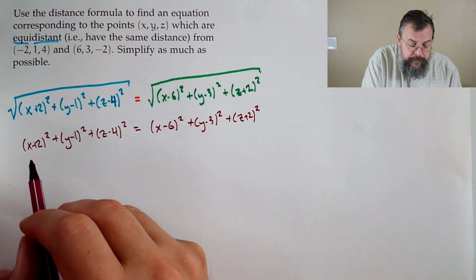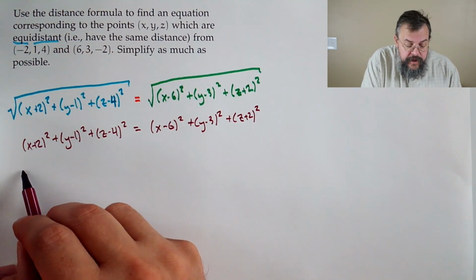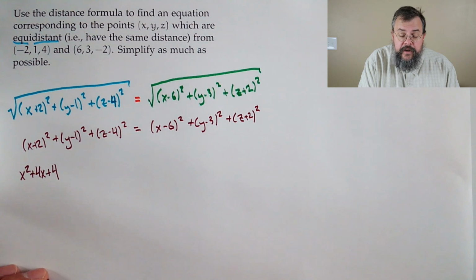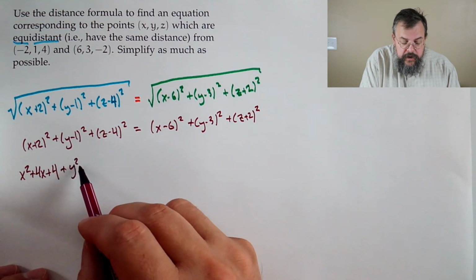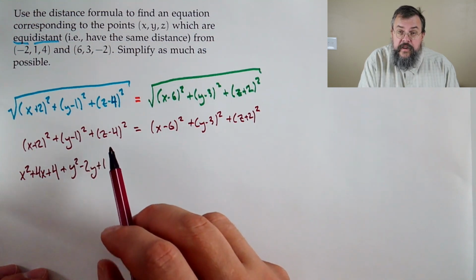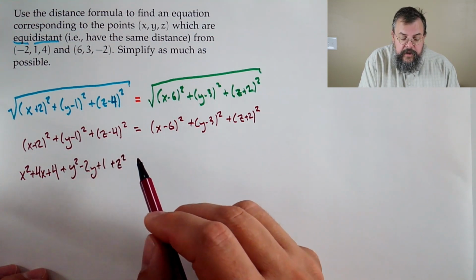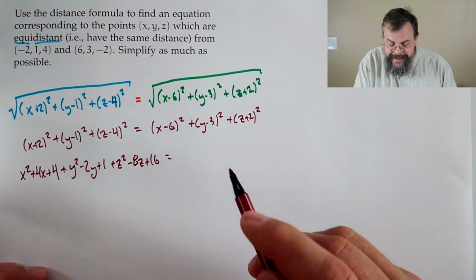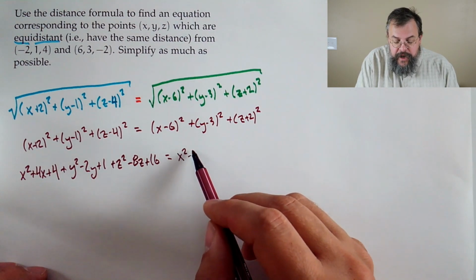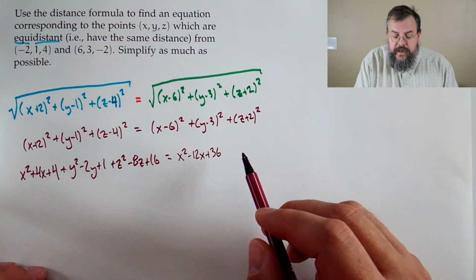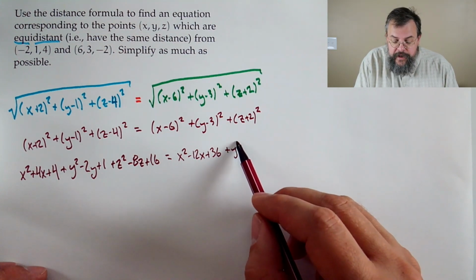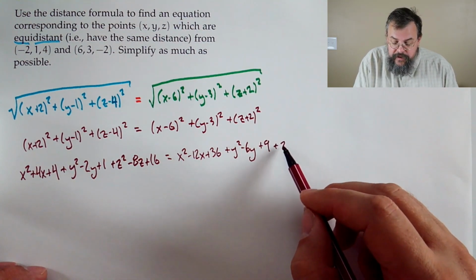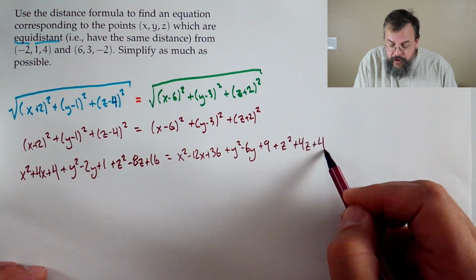Lots of practice expanding things. (x plus 2) squared would give us x squared plus 4x plus 4. (y minus 1) squared, y squared minus 2y plus 1. (z minus 4) squared, z squared minus 8z plus 16, equals, keep going, (x minus 6) squared, x squared minus 12x plus 36. (y minus 3) squared, y squared minus 6y plus 9. (z plus 2) squared, z squared plus 4z plus 4.